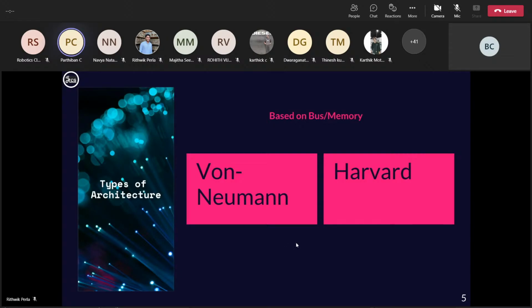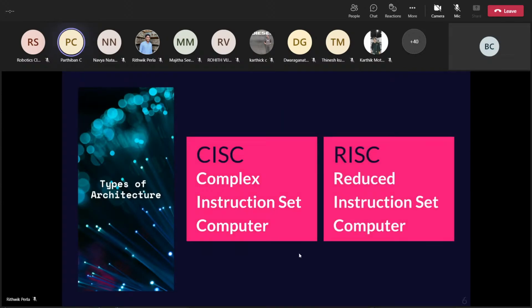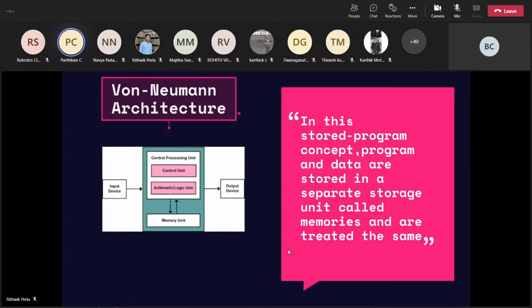Based on the bus and the memory, it is divided into von Neumann architecture and Harvard architecture. Based on the instruction, it is divided into CISC and RISC, complex instruction set computer architecture and reduced instruction set computer architecture. Now let us go one by one.